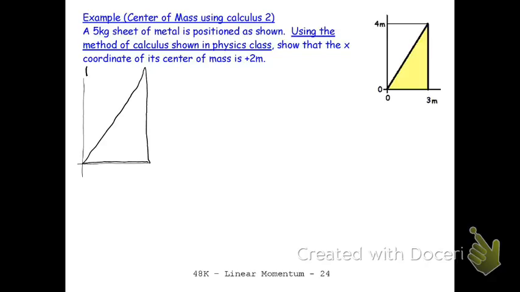And I know that M is equal to 5 kilograms. Using the calculus method shown in class, show that its position is at 2. So this is 0 to 3 meters. I'm only dealing in the x direction, the x coordinate. So I'm going to just do the x coordinate. I can only do one at once. I do need to know what the y coordinate is. I need to know that that's 4 up there, 4 meters, because I need to know the area of the plate.